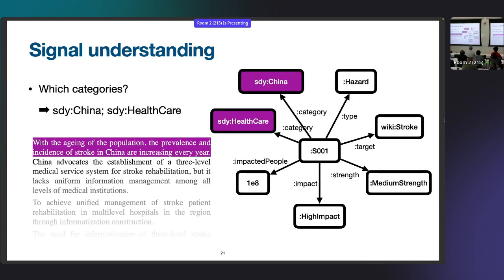And also we can link the signal itself with categories from our internal taxonomy, and so link the signal to members of the taxonomy. In this case, we are talking about China as a country and healthcare.